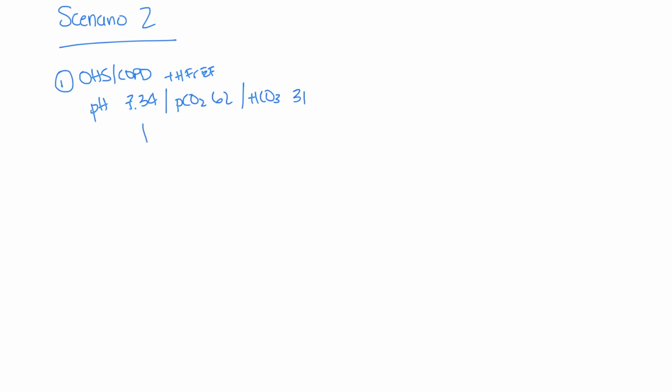Now you diurese this patient for a period of time, and unfortunately their pH becomes 7.5 with a bicarb of 40. And you start to worry at this point, okay, what do I do?